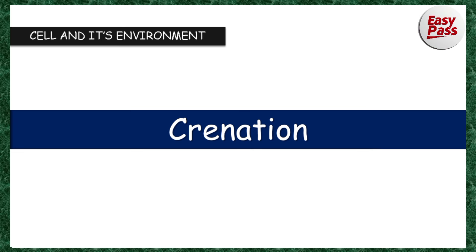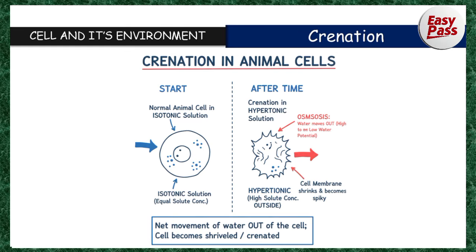Now, crenation is also an event that occurs when there is exosmosis, and this will occur when there is excessive loss of water from the cell as a result of the cell being placed in a hypertonic solution. The cell starts forming an undulating end.